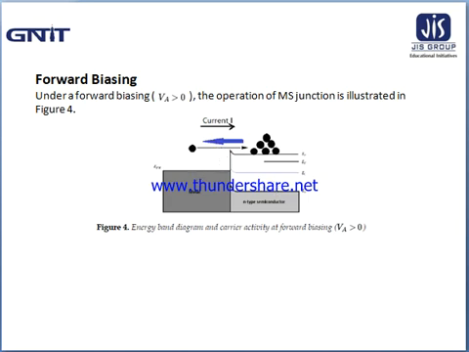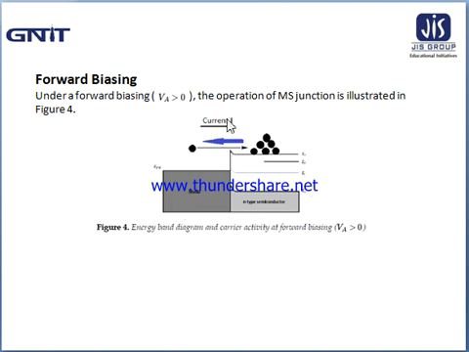Therefore, if we increase VA, then the current will increase rapidly. More electrons will be able to overcome the surface barrier without coming back, which corresponds to the opposite direction of the current.